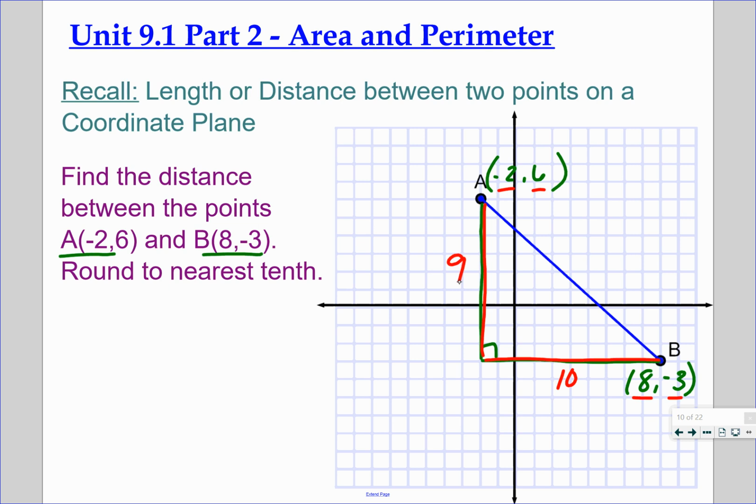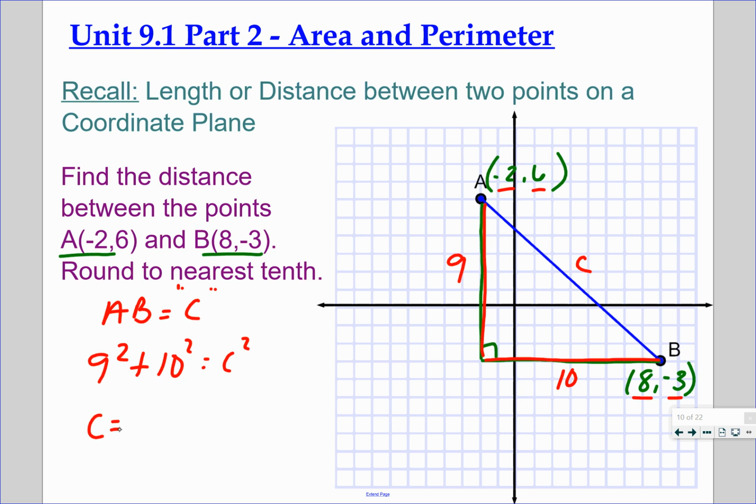So then to find the length AB should equal the C value of our triangle. So we could do 9 squared plus 10 squared equals C squared. Now, some of you are getting to the point where you can kind of shortcut this. We know we're going to actually square these two values and add them, and we know that for the C value, we're going to have to take the square root of it in order to solve.